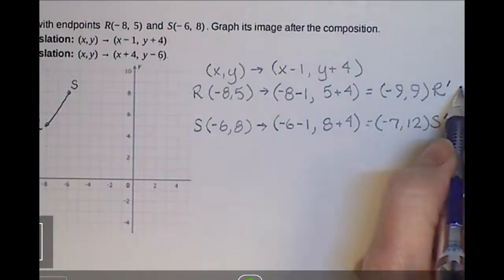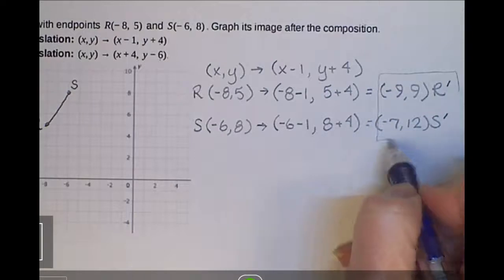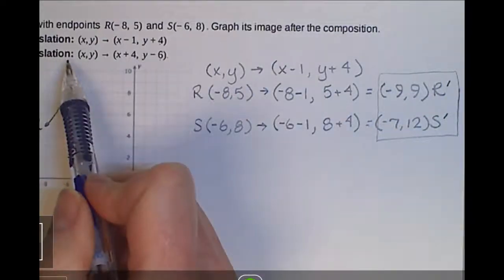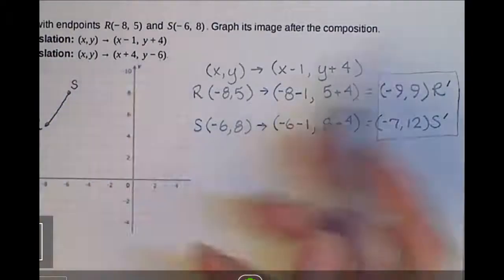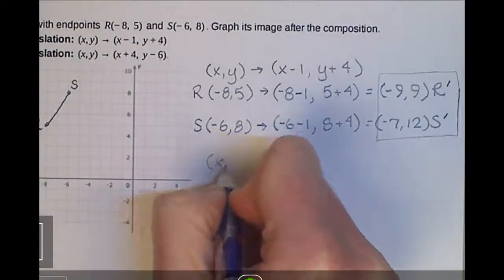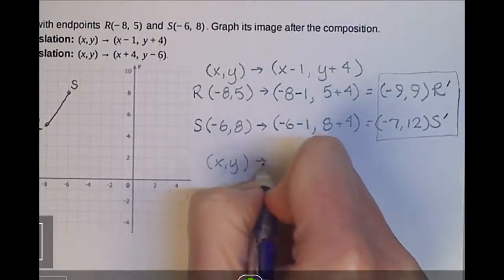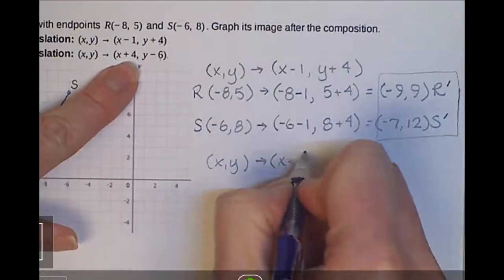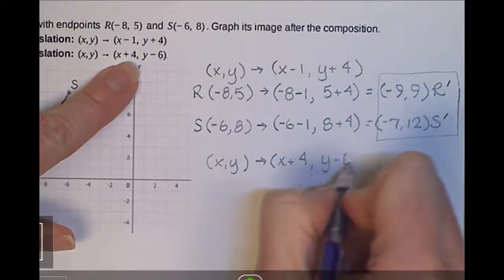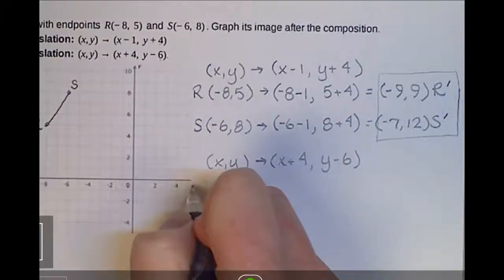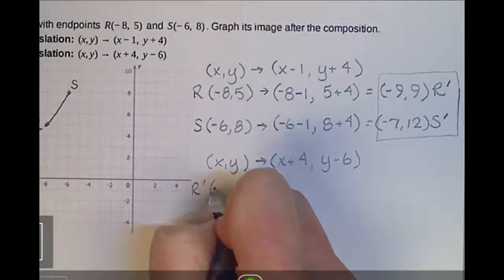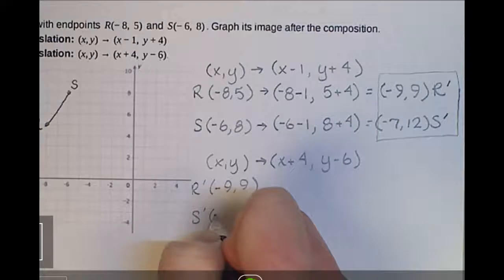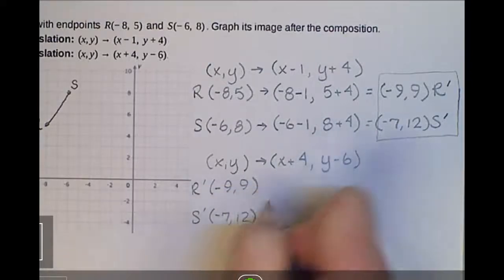Now, these are the new coordinates that we're going to work with when we apply the second translation, XY yields X plus 4, Y minus 6. Our R prime is -9, 9 and S prime is -7, 12.